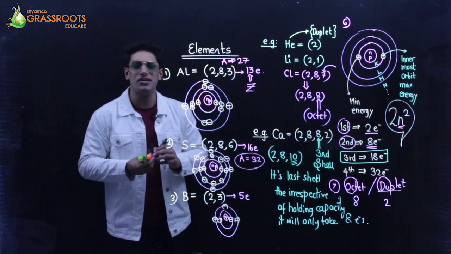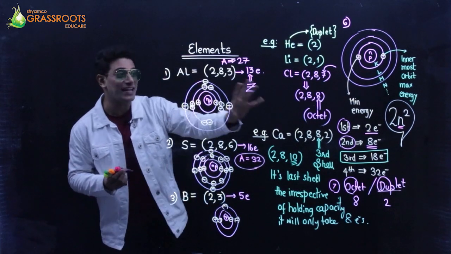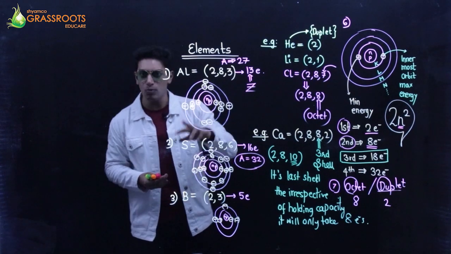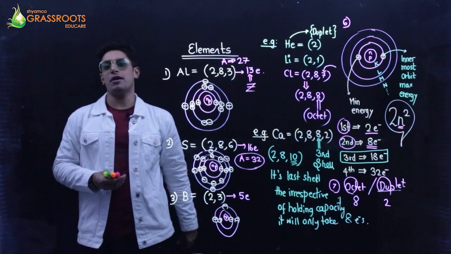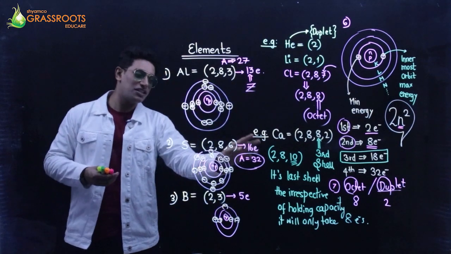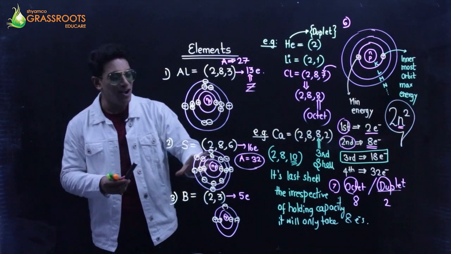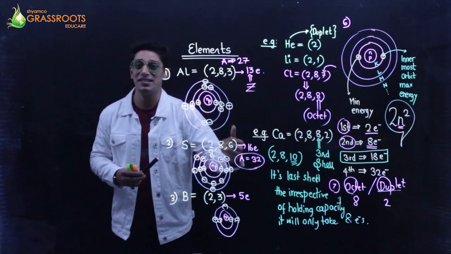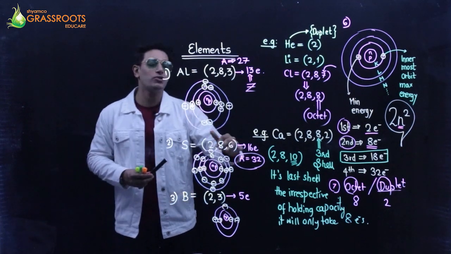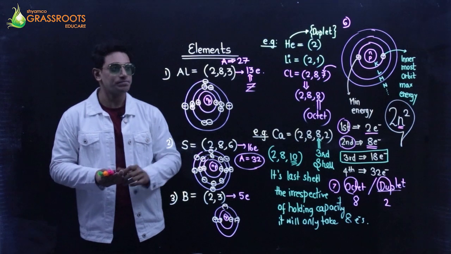Ideally, for the light elements, the mass number is almost double the atomic number. 13's double is approximately 26. The double of 16 is approximately 32. Yep, approximately it is double. So that gives me information about the number of neutrons also.